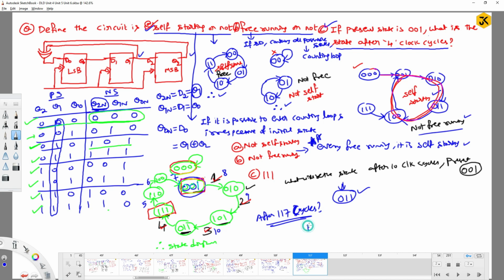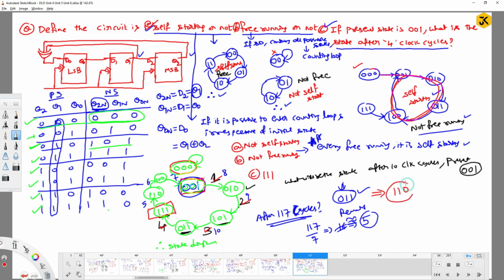So simply divide 117 by 7, meaning you have to write it in terms of modulus 7. 7 ones are 7, you will get again 4, right? 7 sixes are 42, so the remainder you are going to get is 5, guys. So the remainder will be 5, meaning that 117 clock cycles is equivalent to 5 clock cycles. So after 5 clock cycles, what will be the answer? The answer is 110.